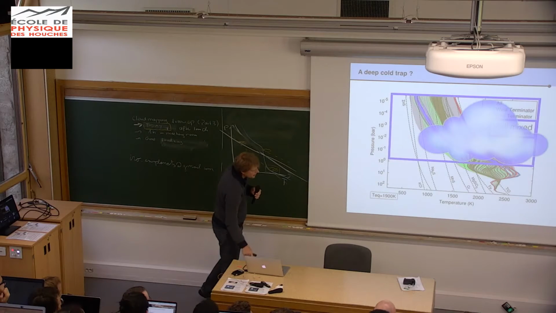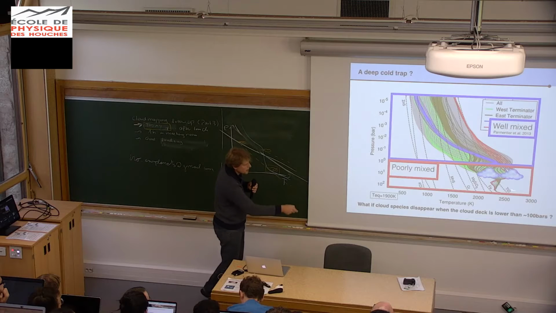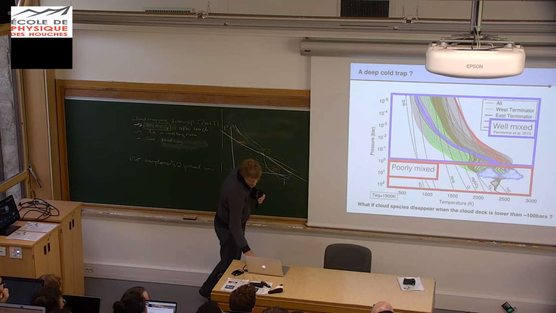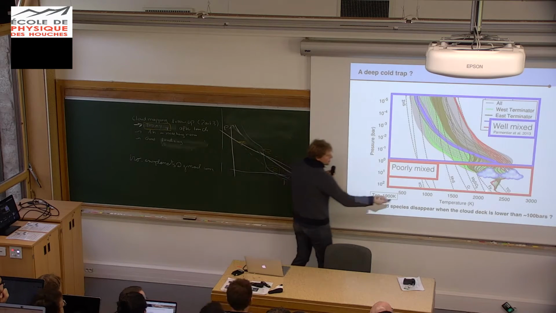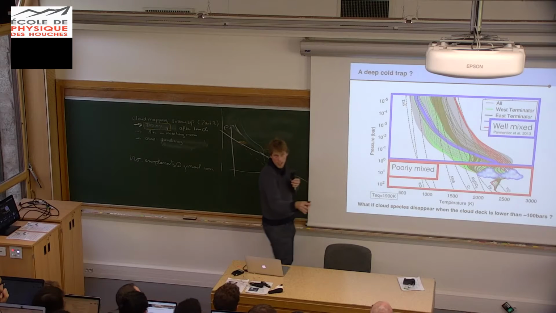So if you put clouds here, they're going to go everywhere on the planet. But it might be poorly mixed down here. So if you put a cloud here, maybe it cannot cross back to be visible. And so basically, each time my PT profile at the deep layers crosses a cloud condensation curve, I remove that from the mix.